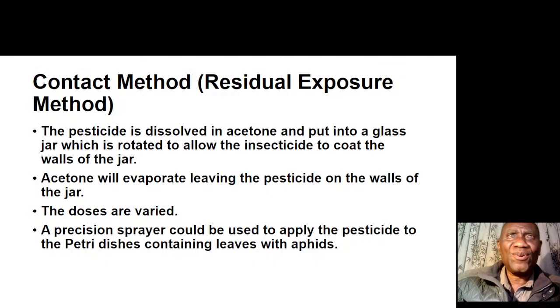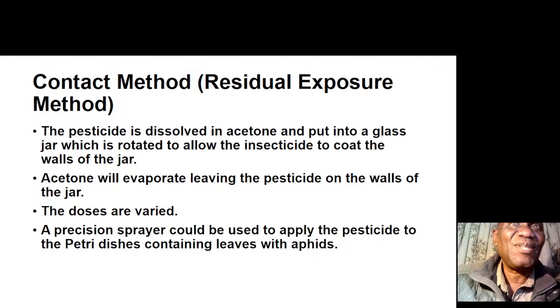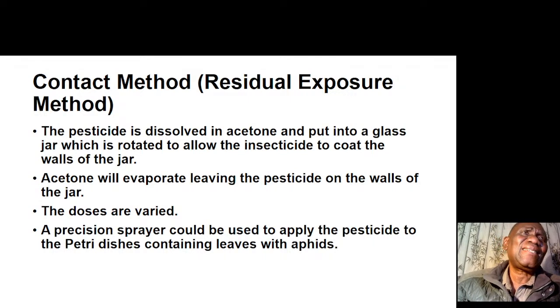So you want to spread your insecticide on the sides of the jar. Acetone will evaporate, leaving the pesticide on the walls of the jar. You can vary the doses, and then you put your insects inside.